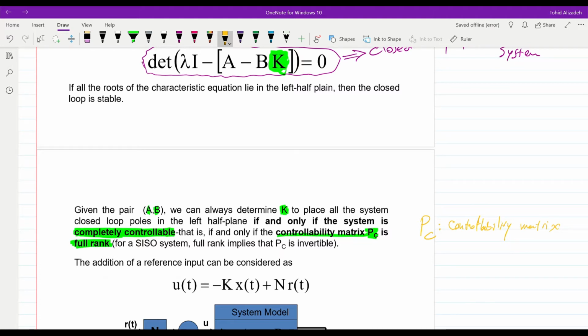And for a SISO system, a single input, single output system, this means that the controllability matrix is invertible, so its determinant is non-zero. We will see in examples what happens when the controllability matrix is not invertible or is not full rank.